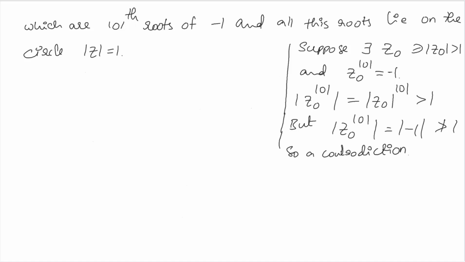So if there exist any roots of the polynomial z to the power of 101 plus 1, then all such solutions of that polynomial should lie on the unit circle mod z equal to 1 only. Similarly, if we consider the other case where mod z is less than 1, in that case also we can prove a contradiction, and hence we can say all such roots lie on the circle mod z equal to 1.